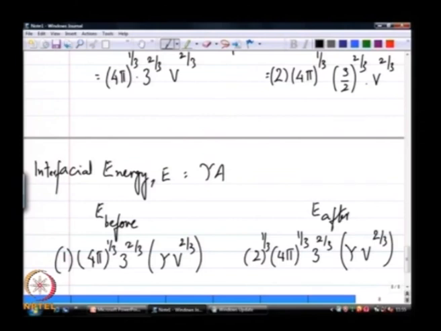2 raised to the power 1/3 is greater than 1. So, clearly we are going against the gradient of decreasing energy, or we are increasing the interfacial energy. The amount of increase is this 2 raised to the power 1/3 minus 1 times the rest of the factor. That is the actual magnitude of energy that we have raised.